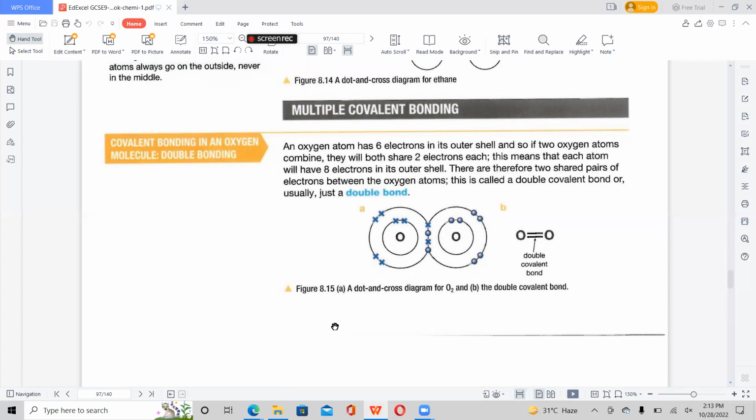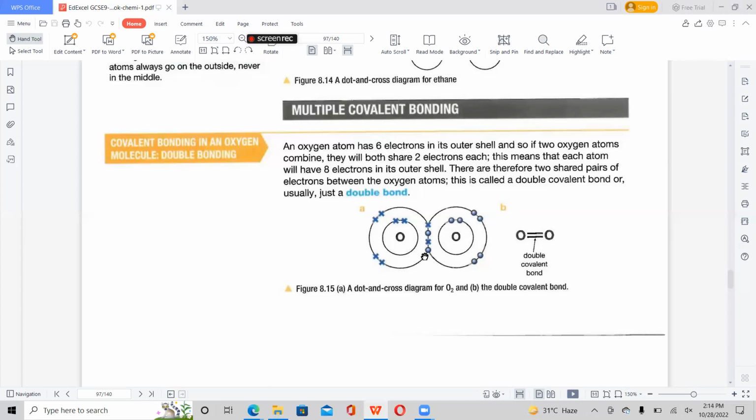It means that each atom will have eight electrons in its outermost shell, so that they retain mutual stability. Oxygen 1 will be creating a double bond with oxygen 2. This is called a double covalent bond, or just a double bond.